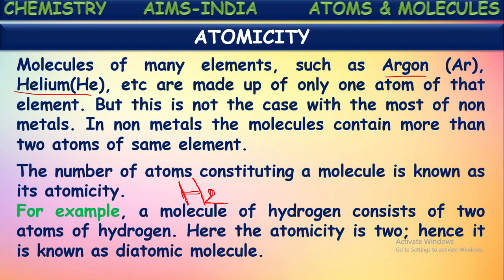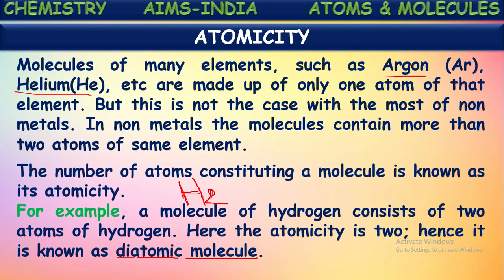As atomicity is 2 for hydrogen, it is also known as a diatomic molecule. So hydrogen molecules are diatomic molecules. What does it mean here? Di represents 2. It means hydrogen molecules contain two atoms of hydrogen combined together.